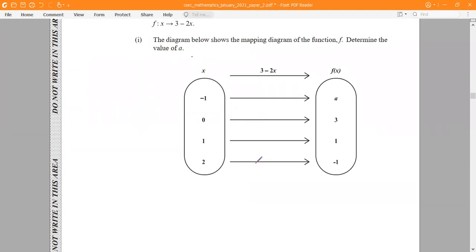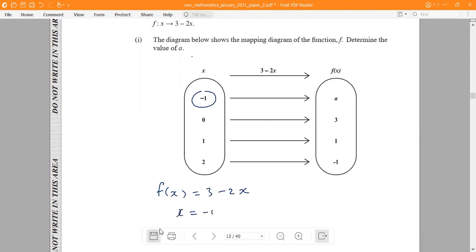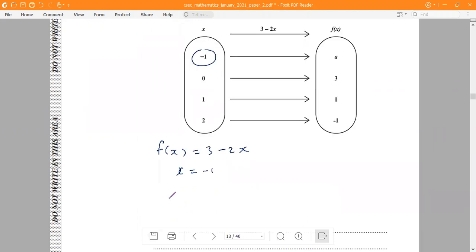All right, so what we do is we take f of x is equal to 3 minus 2x, and we substitute x equal -1, which I'm circling here. We need to evaluate the function when x is equal to -1.